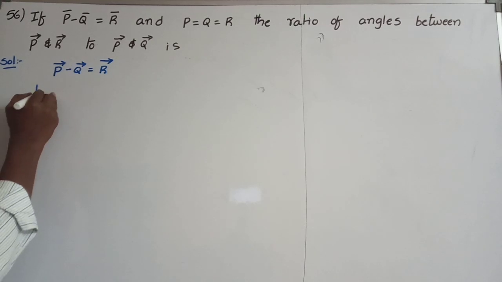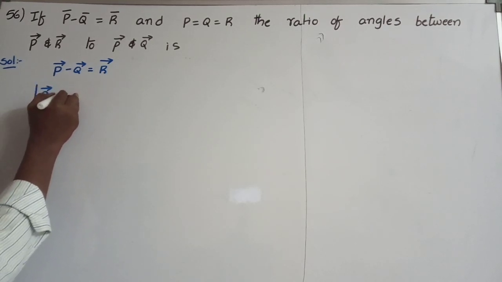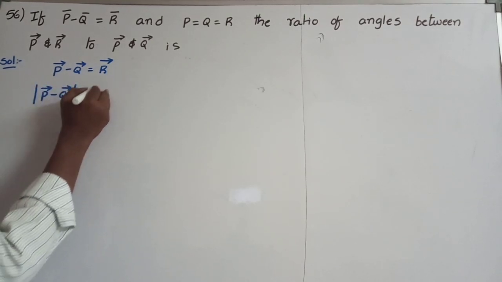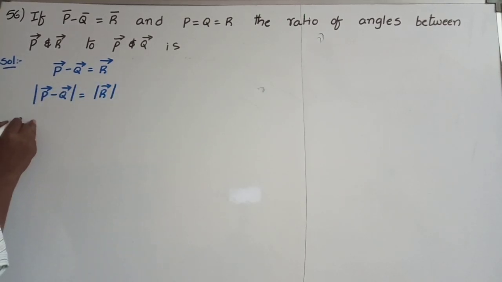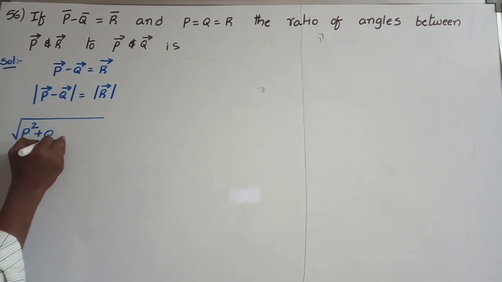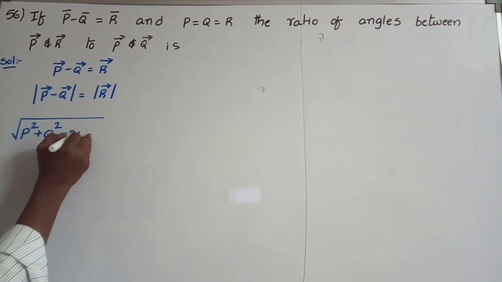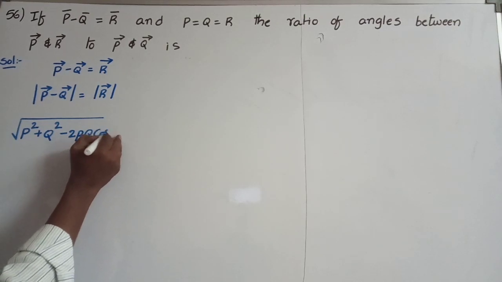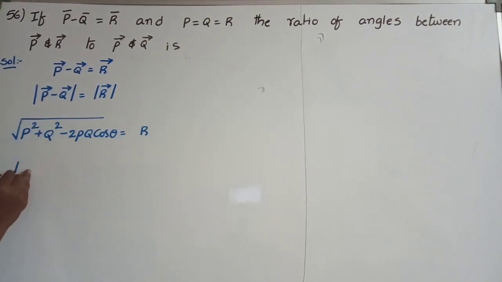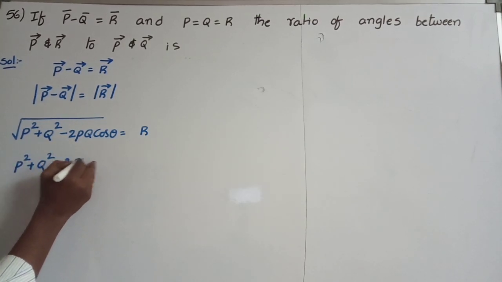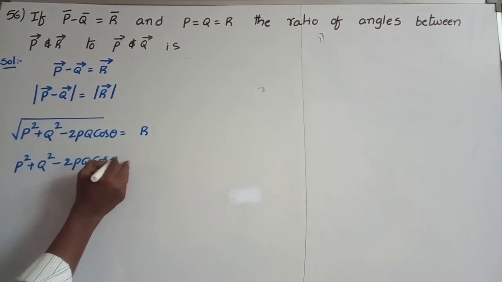From this, magnitude of P bar minus Q bar is equal to magnitude of R bar, so under root of P square plus Q square minus 2PQ cos theta is equal to R. Squaring on both sides, we get P square plus Q square minus 2PQ cos theta is equal to R square.